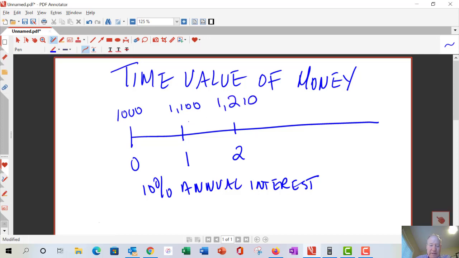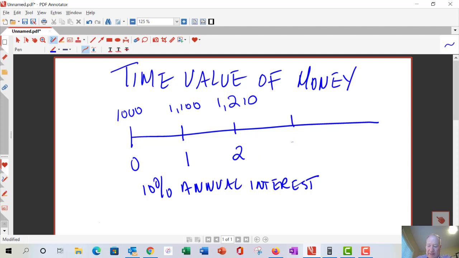So you can see I would just have $100 every year with simple interest, but now I've got the 100 in interest from year 1, and that's going to earn 10% interest. So I have $1,210 at the end of year 2. And we just continue this process.